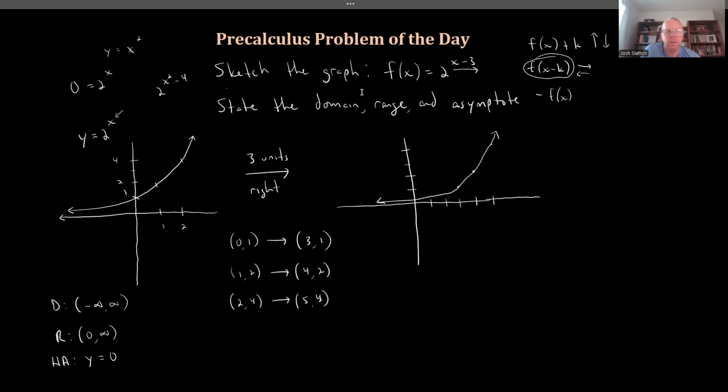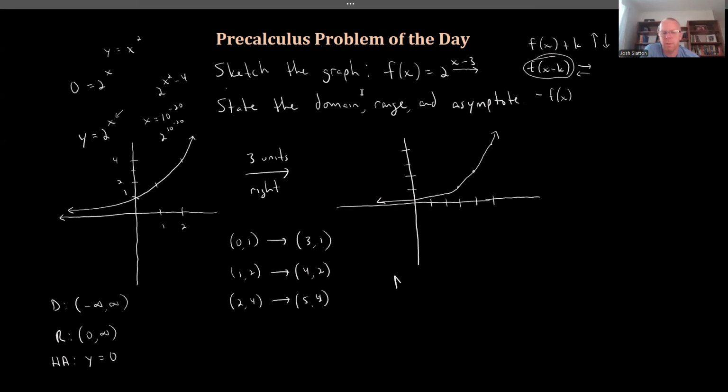So for instance, if x is negative 10 to the 20, 2 to that power is an extremely small, very small number. So we're getting closer to 0, but we'll never actually get there. So the horizontal asymptote is y equals 0.